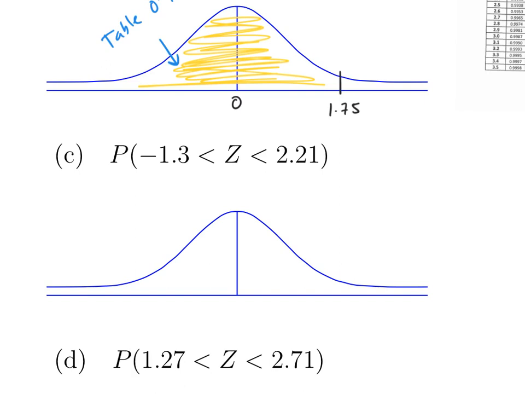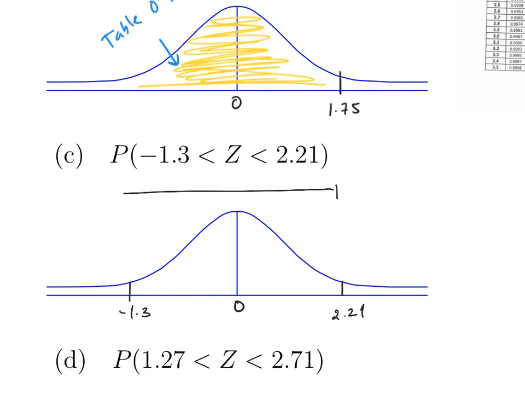So the first thing is, what is the area you're trying to find? It's between minus 1.3 and 2.21. 0 is there. Okay? For now, just pretend the negative 1.3 is not there. So if the negative 1.3 was not there, you look to the table for 2.21, right?